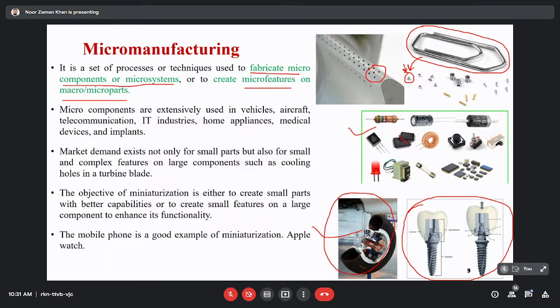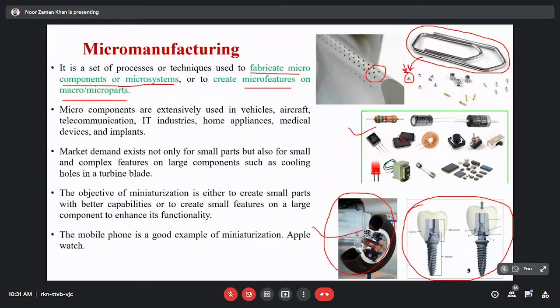If we are creating micro features on macro parts, this is also termed micro manufacturing. So once again, it is a set of processes or techniques used to fabricate micro components or systems, or to create micro features on micro or macro parts.